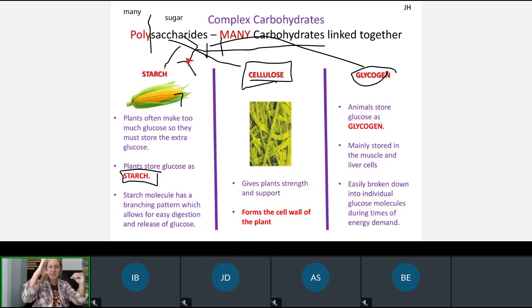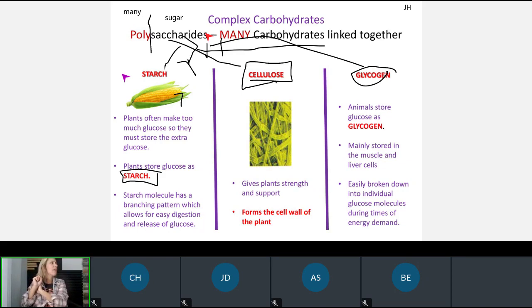Does that make sense? Because they branch like that, they're easy to break apart. They can break easy. Does that make sense to everybody? The branching of a starch makes it have spots that you can easily break it at.